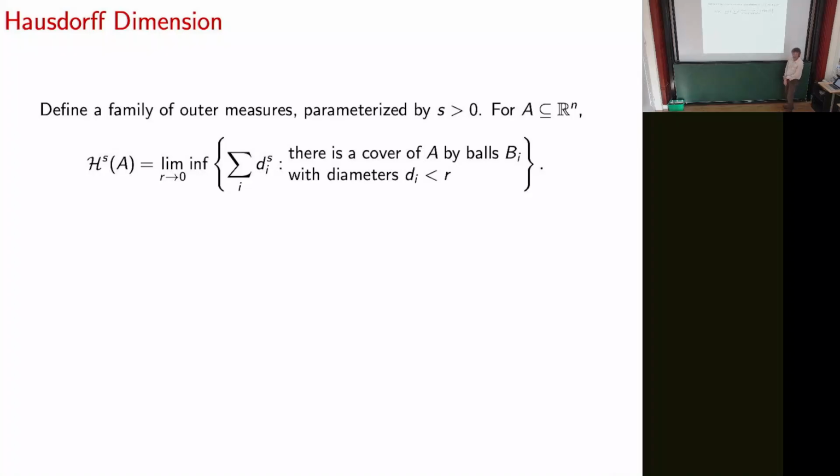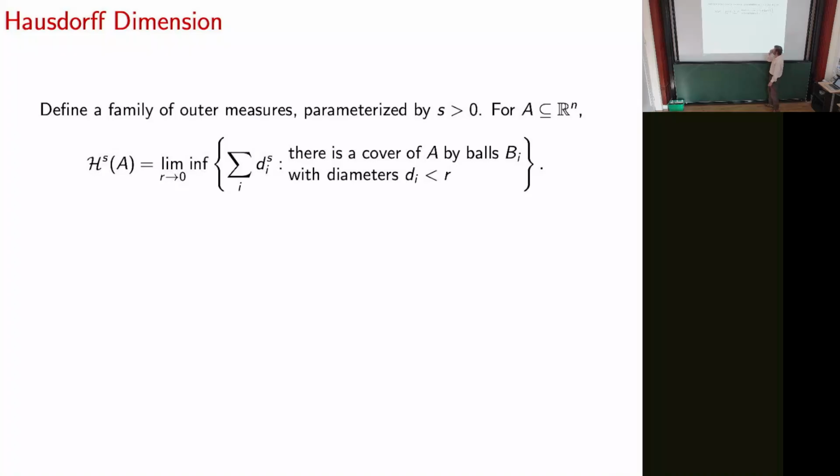So you define a family of measures. And this is how they're defined. H^s of A, that's the Hausdorff s-dimensional outer measure of A, is the limit as r goes to 0. So think of r as a kind of granularity. We're going to use smaller and smaller basic open sets. So as the granularity goes to 0, you do the usual thing for measure. You take an open cover of sufficient granularity, all the diameters are less than r.